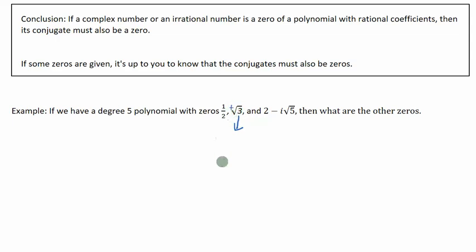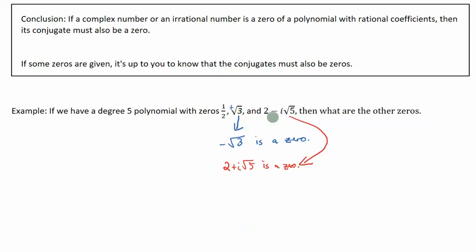So the conjugate of that must also be a zero, which means negative square root of 3 is also a zero. Okay? And 2 minus i square root of 5 has a negative in front of the imaginary part, so its conjugate 2 plus i square root of 5 is also a zero.